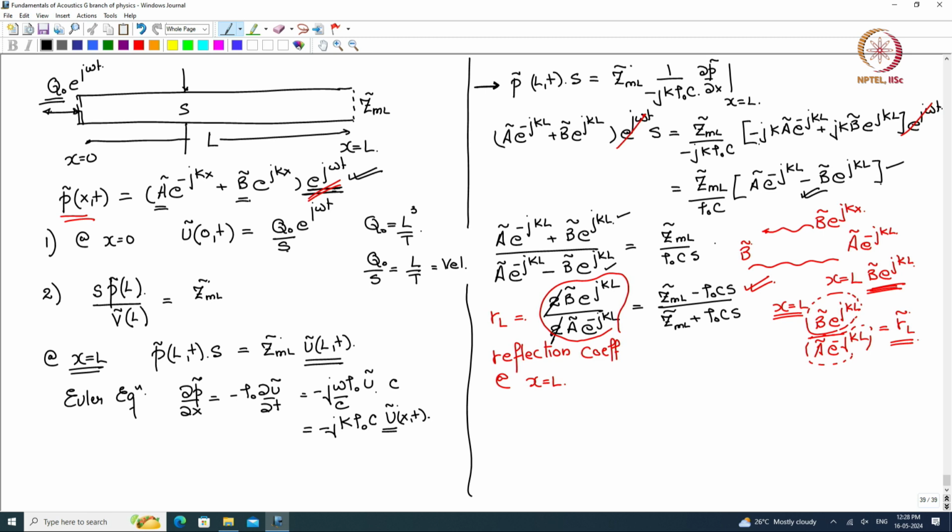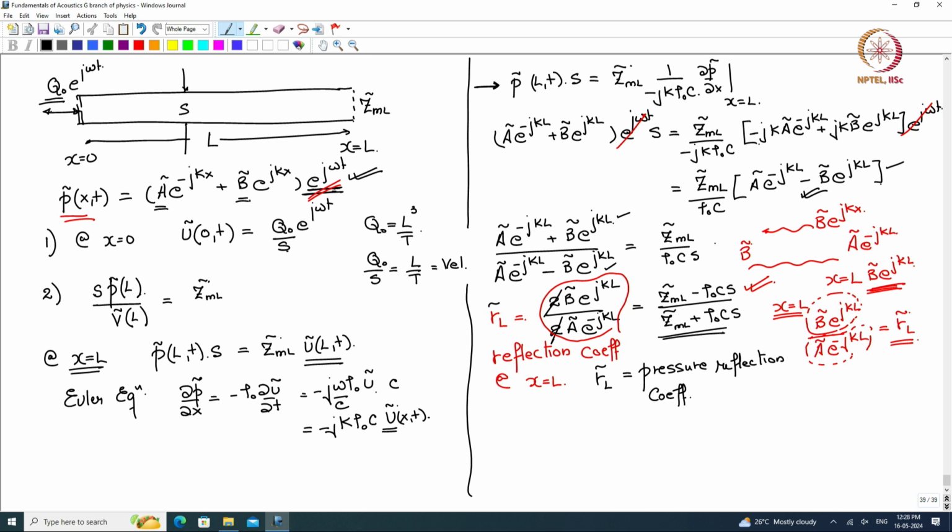So let's call it that way. It's called the pressure reflection, RL, and it is complex, and is called the pressure reflection coefficient. Okay, that is this quantity.